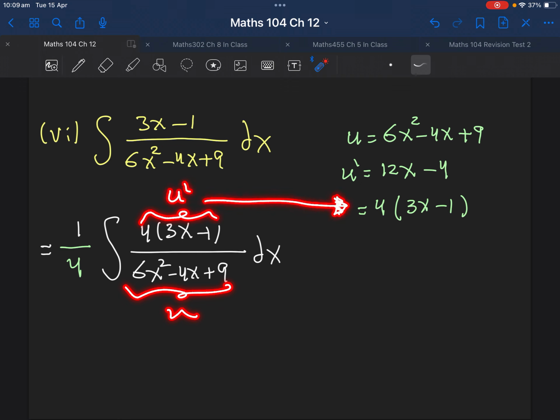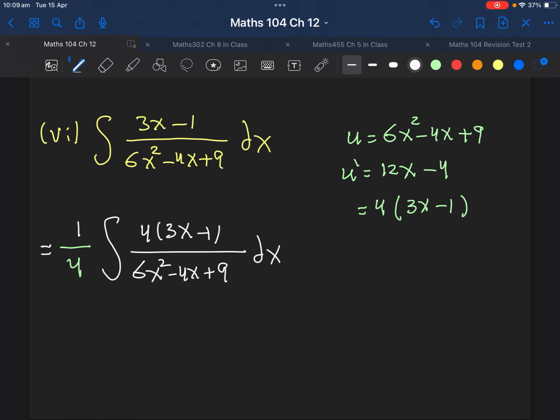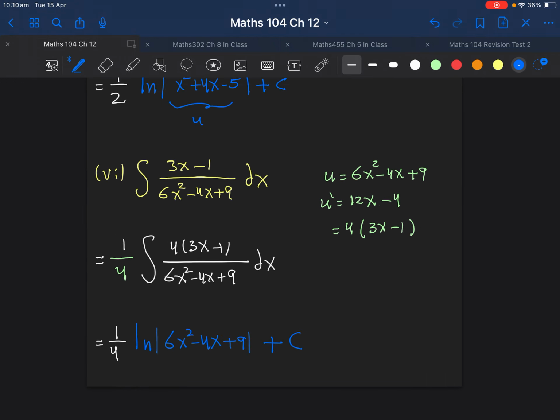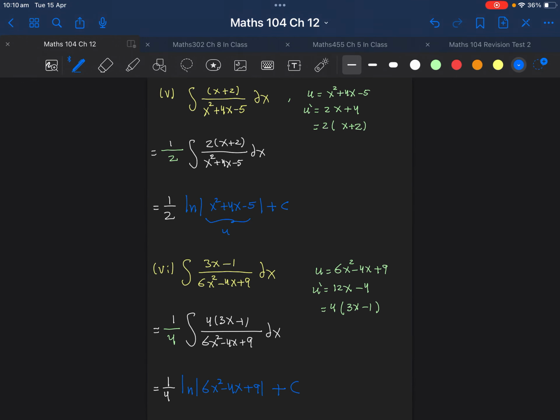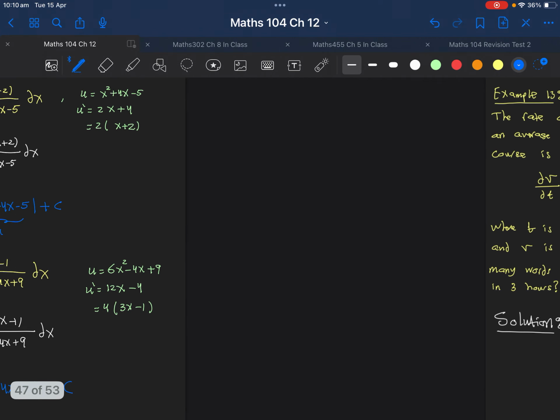So we are back to the perfect situation where we have the function and its derivative in the numerator. So the answer would be just 1/4, and then we directly impose the ln. But ln of what? Ln of u, plus, of course, c. And that's the question, part 6.